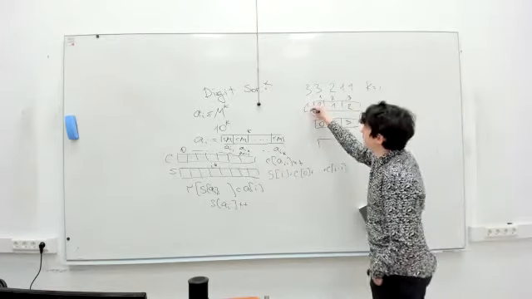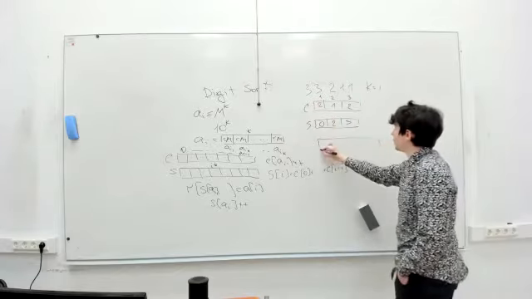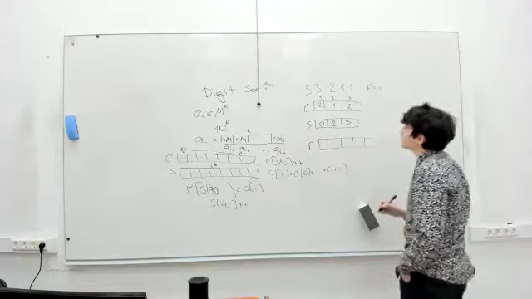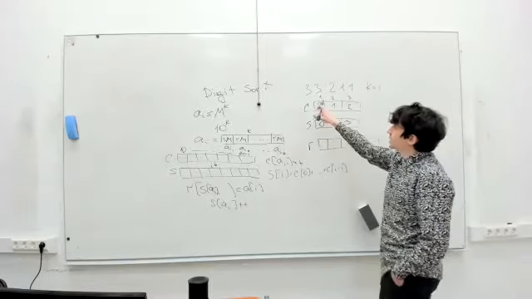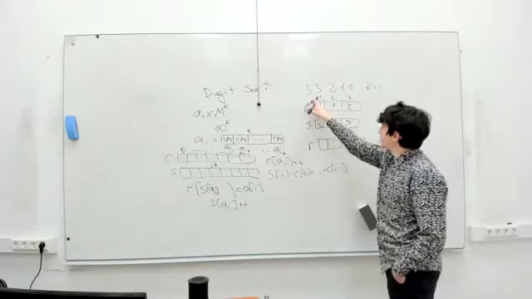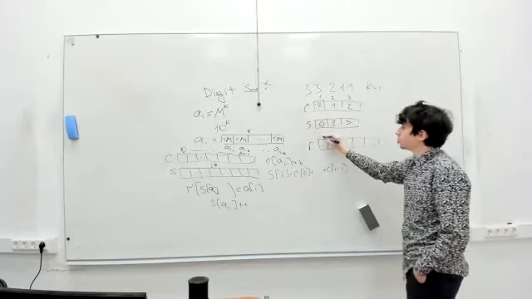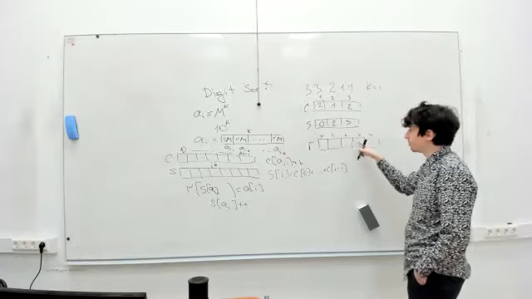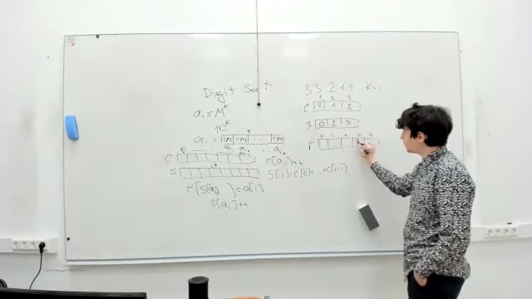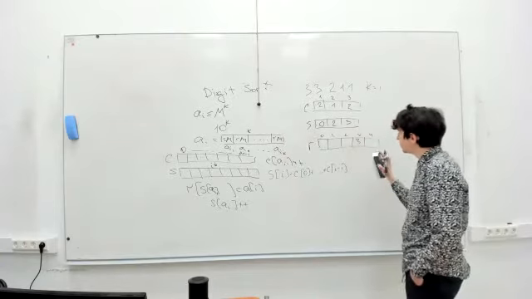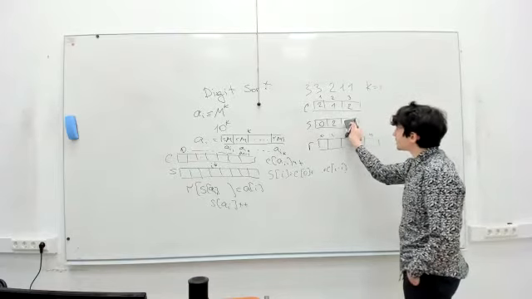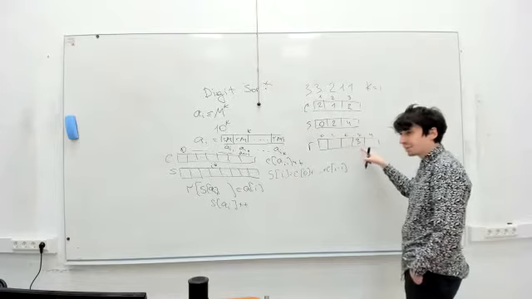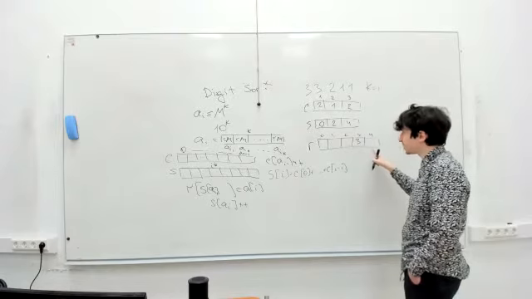This is array C, this is array S, and we have an array R. We take 3. It should go to position 3. The first 3 should be in position 3. Okay, I put 3 here and increment this position, so the next 3 will be later at position 4.